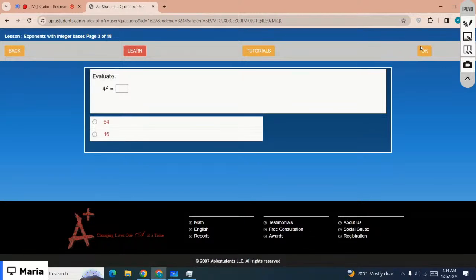Evaluate 4 square. So which is the correct option? 16 it is. So the correct option is 16.